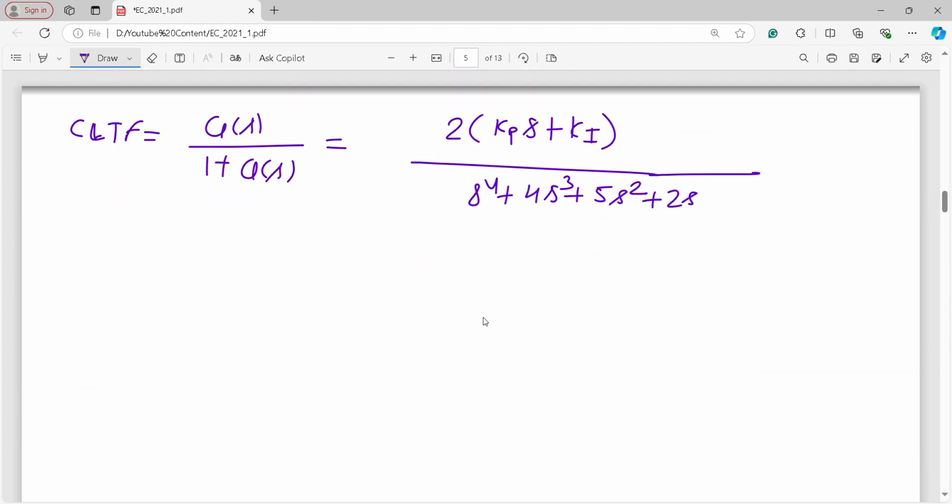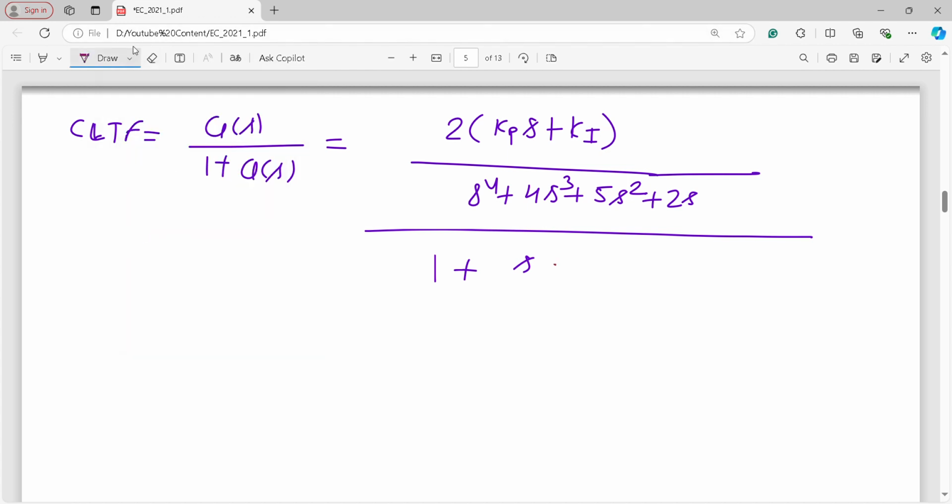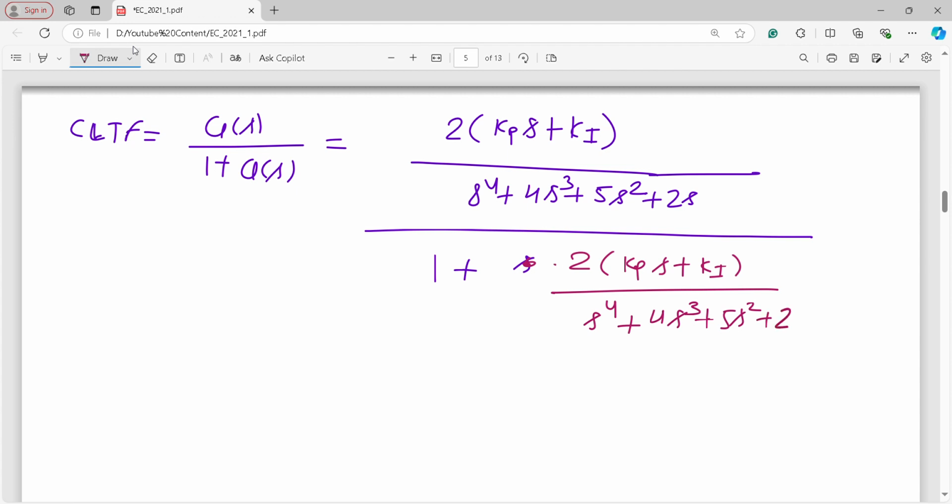So then 1 plus that, so here will be 2 into Kp into s plus Ki divided by s power 4 plus 4s cube plus 5s square plus 2s.